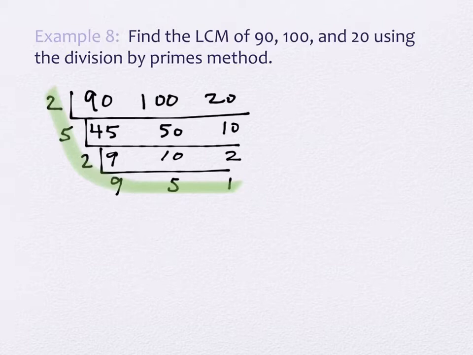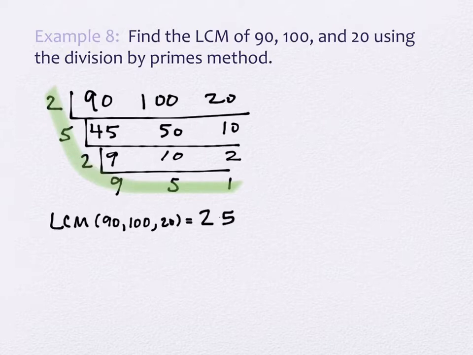That's the LCM. So my LCM here of 90, 100, and 20 is 2 times 5 times 2 times 9 times 1. All those numbers multiplied.